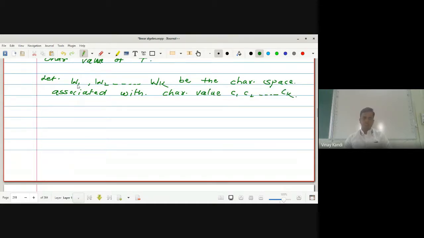That means W1 is the subspace corresponding to the characteristic value C1. Whatever characteristic vector corresponds to C1 belongs to W1, and whatever characteristic vector corresponds to C2 belongs to W2. Okay, any doubt up to here? No, sir.